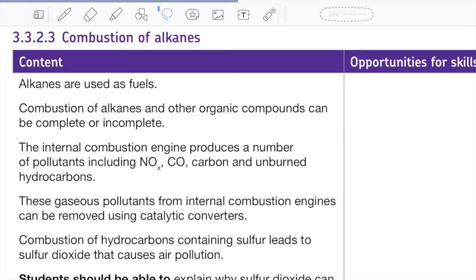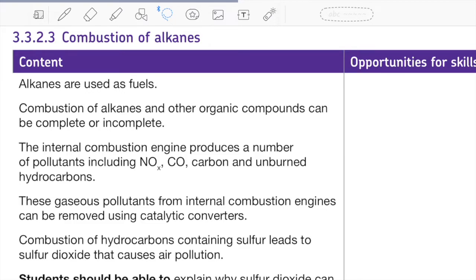Okay, now we look at the combustion of alkanes. Initially, when it comes to the chemical equations, the chemical reactions that we might have to draw or write, we're going to look exclusively at the alkanes themselves. But then we're going to consider what the reality of a fossil fuel is, and how other products could be formed in addition to the actual combustion of the alkane.